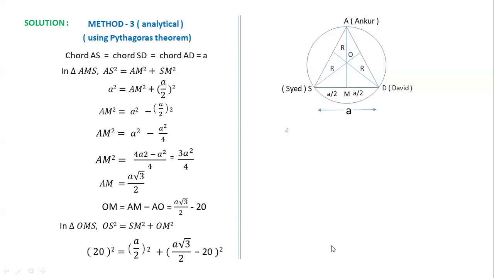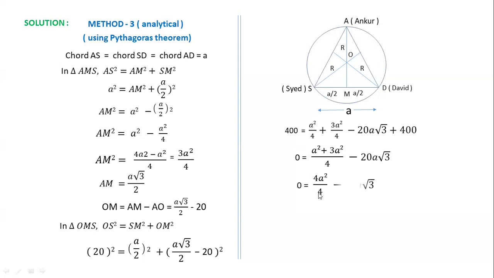20 square is 400. A square upon 4, this square is 3A square by 4, minus 2AB, 2 into this into this. 2 cancels. 20A root 3. Again plus 20 square is 400. 400 cancels. When you take this 400, this side becomes 0. So 0 is equal to this, both having the same denominator, LCM, it will be 3A square plus A square will be 4A square minus 20A root 3.